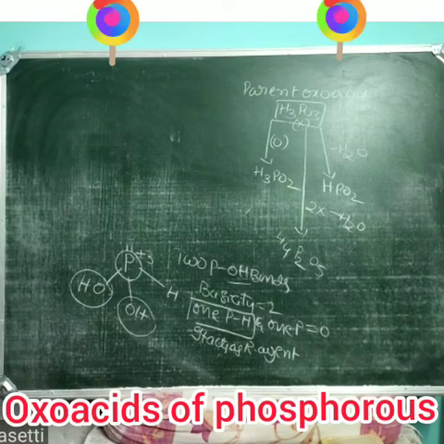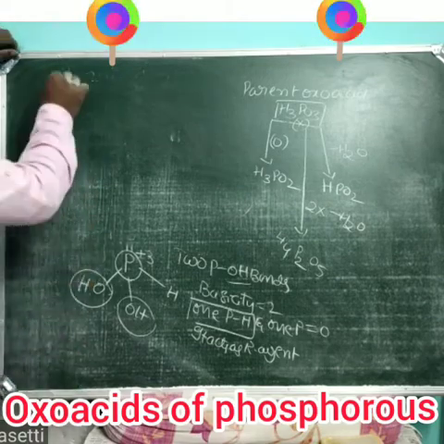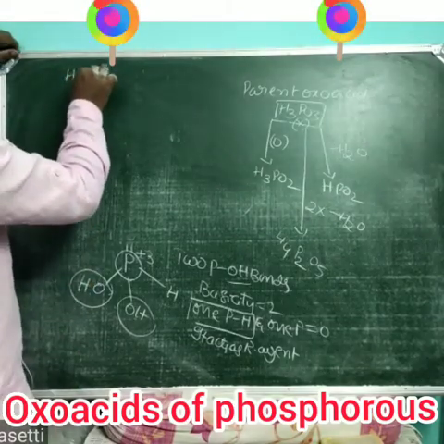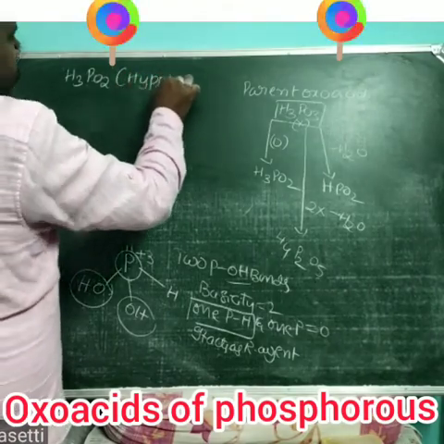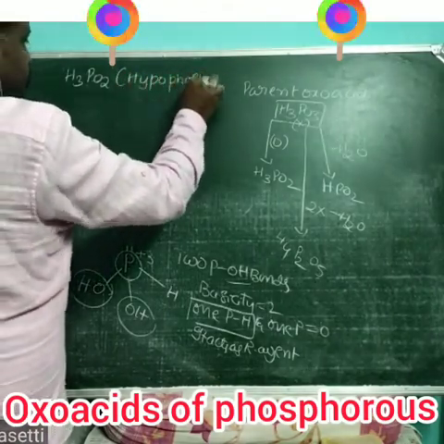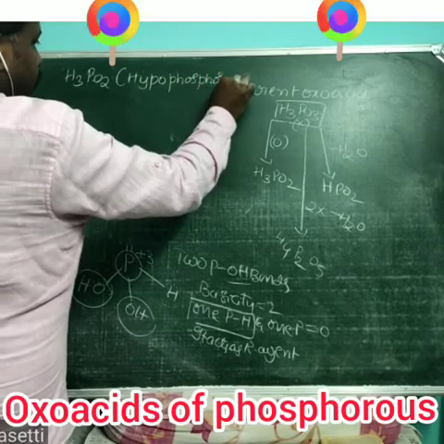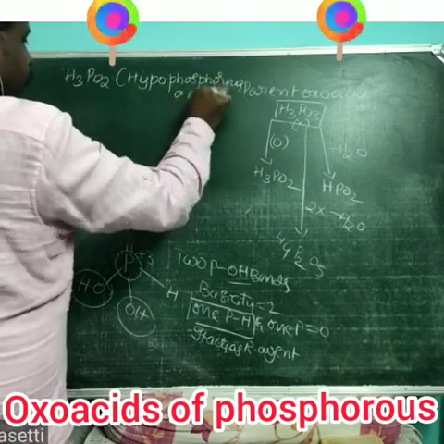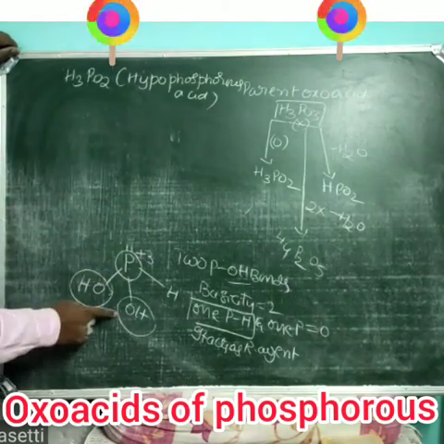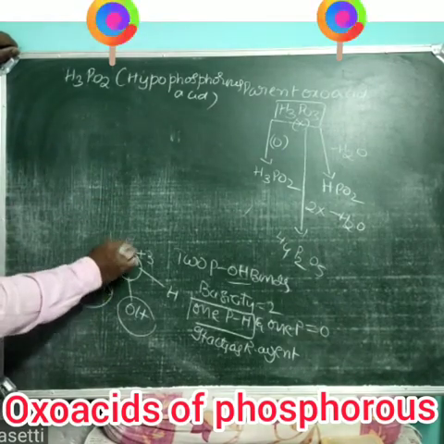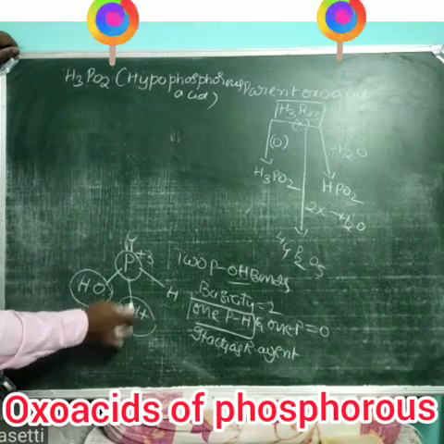Next one is H3PO2, hypophosphorus acid. So the structure of H3PO2: here 1 oxygen is less when compared to H3PO3. So remove 1 oxygen and put 1 hydrogen.